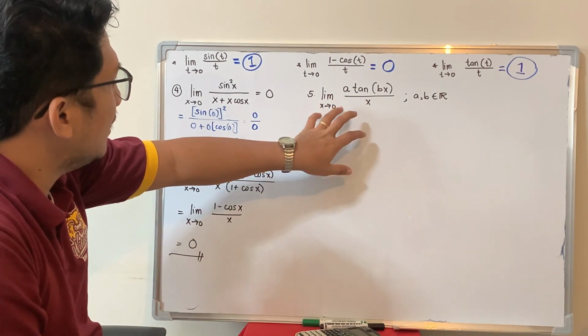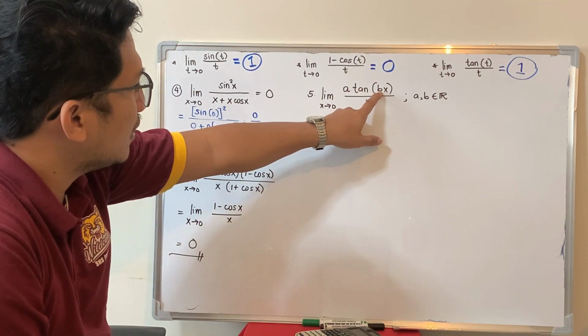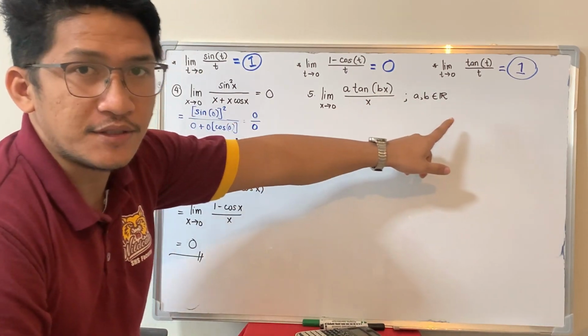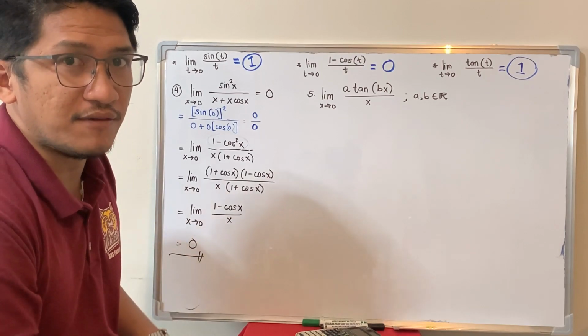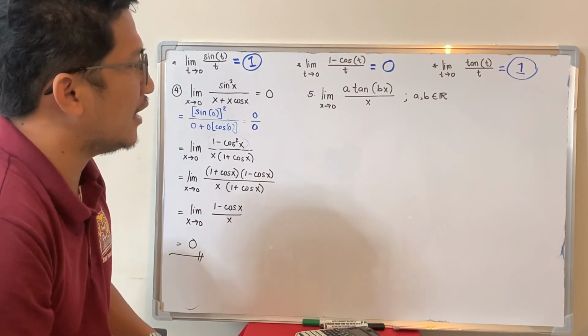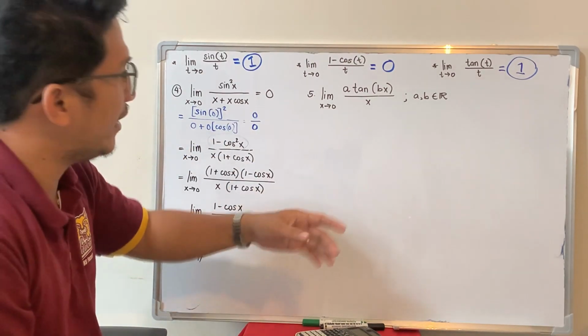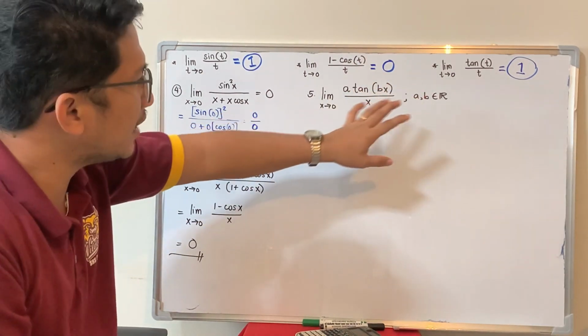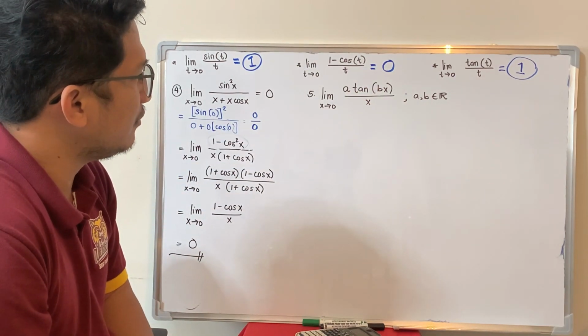We have the limit of a tangent bx all over x, where a and b are elements of real numbers. Meaning they are constant values, not variables. Like in the earlier examples, 2x, 3x, it can be 2x or 3x, as long as a or b is a constant. So they are elementary real numbers.